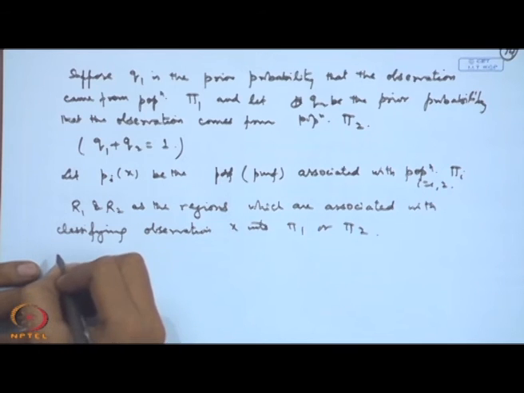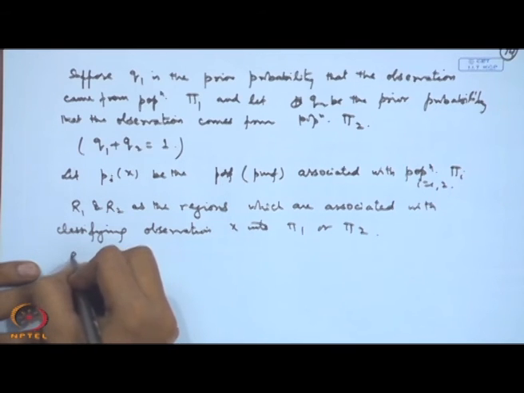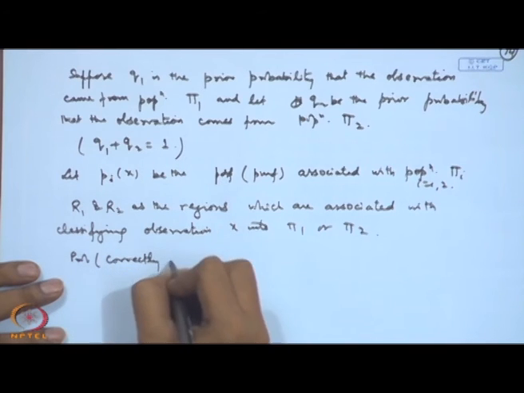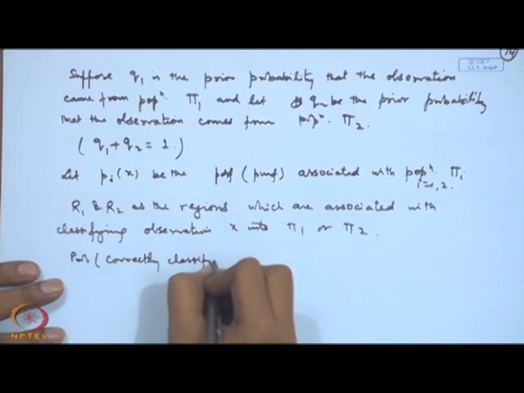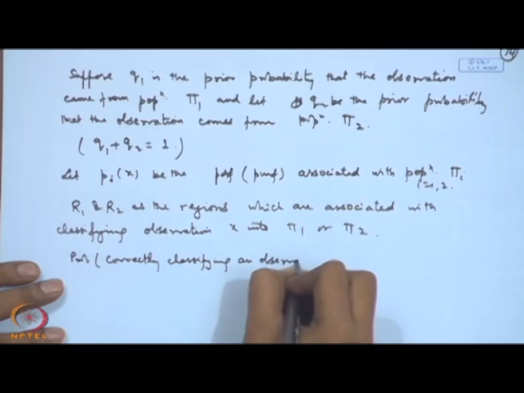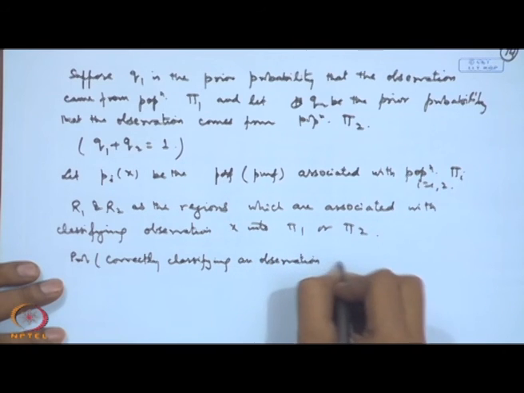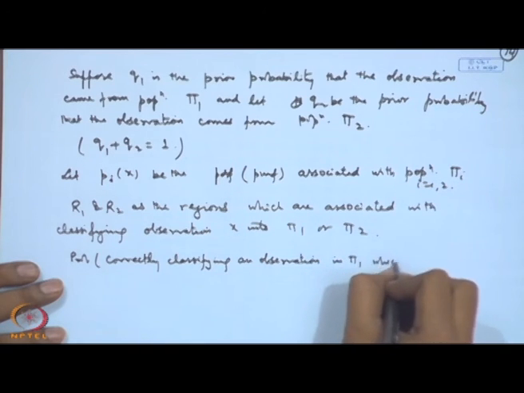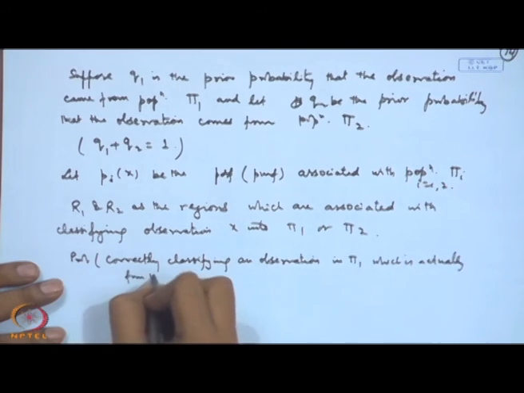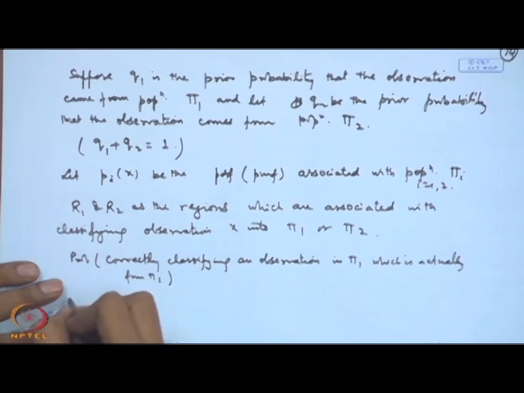So, we define the probability of correctly classifying an observation in pi 1 which is actually from pi 1. This we write as P r 1 1.